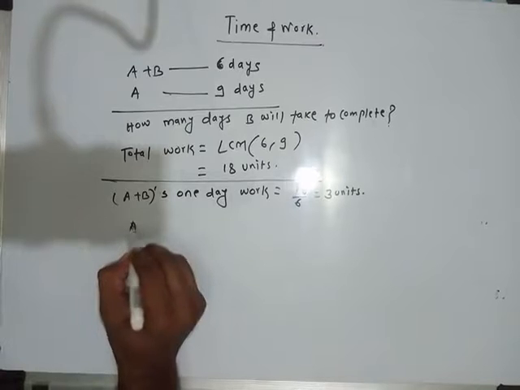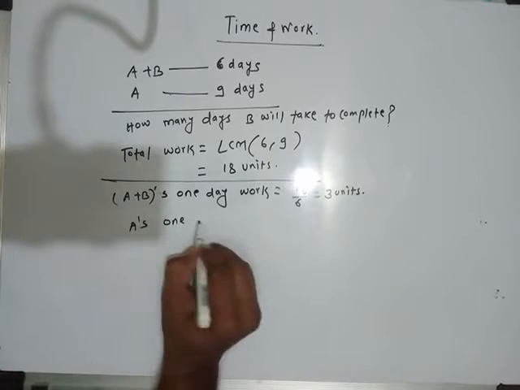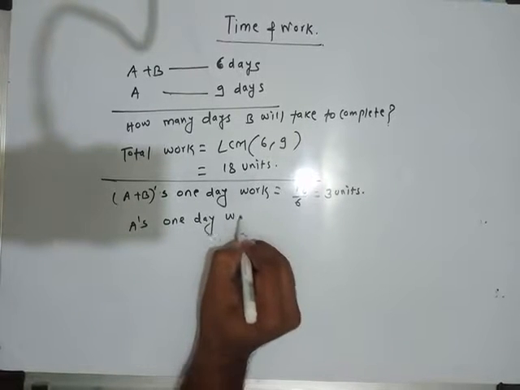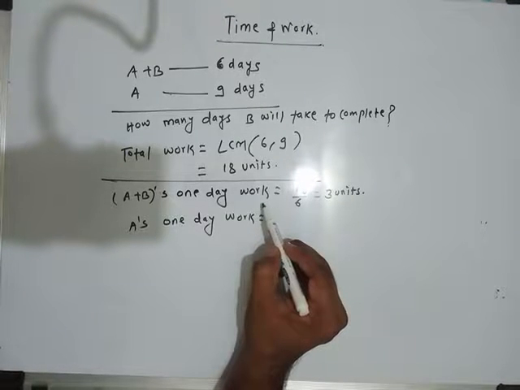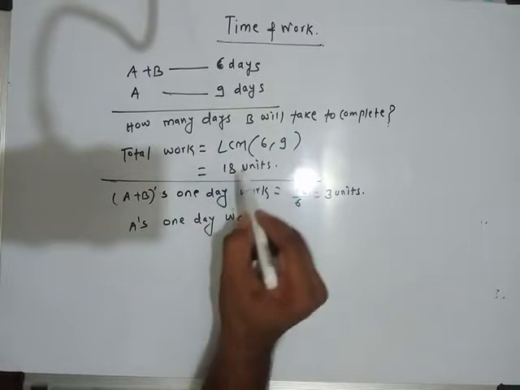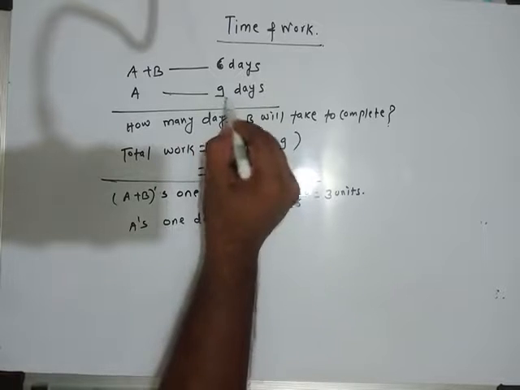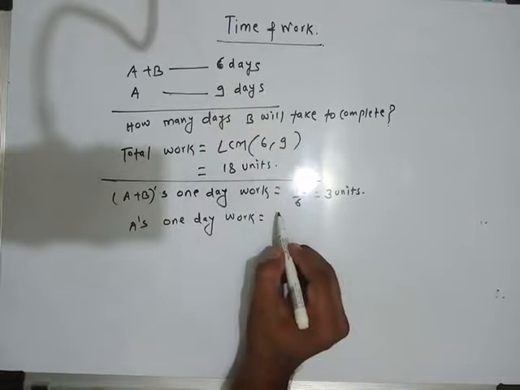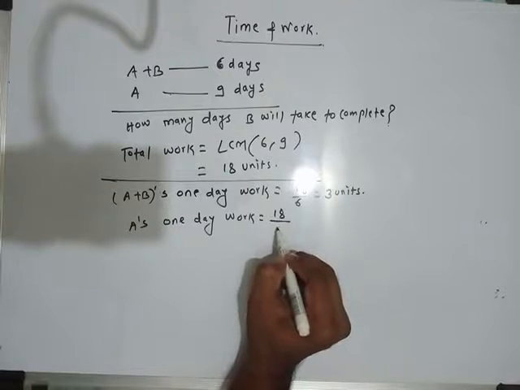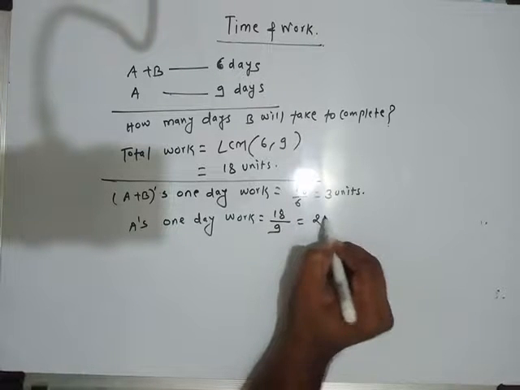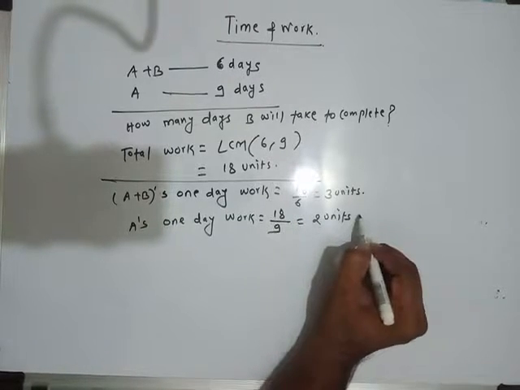So A's one day work: A alone can complete the work in 9 days, that is, 18 units of work he is completing in 9 days. So in one day he will do 18 by 9, that is 2 units of work.